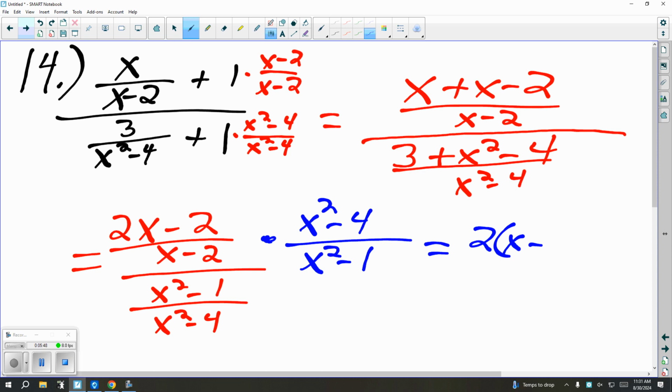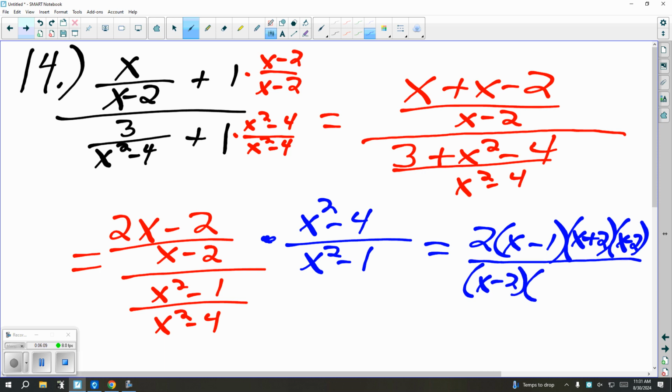Do I want to do that? Yeah, let's do that. And then I'm going to factor this dude into x plus 2, x minus 2. And on the bottom, it's going to be what? x minus 2, and then x plus 1, x minus 1.